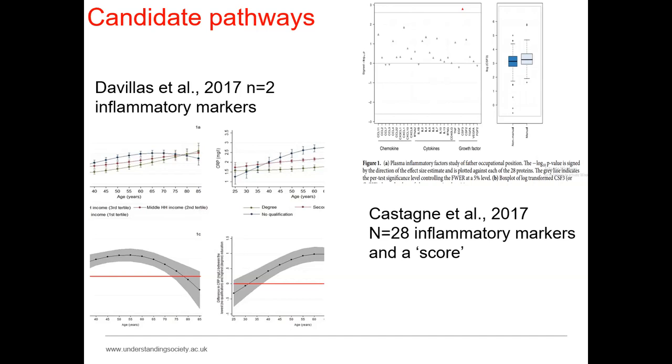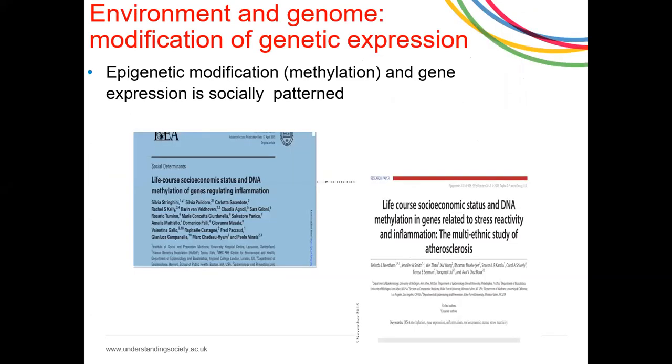So you can see a move from picking out one or two things that might be interesting to looking at things in more detail, to trying to look at everything and seeing what comes out.